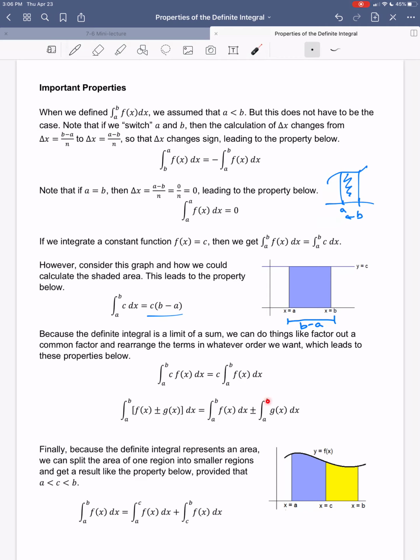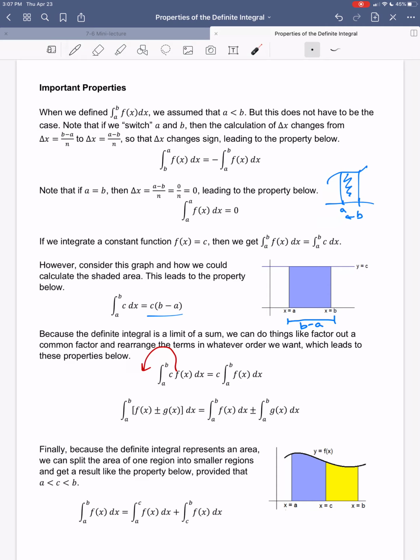So these properties come from that. If I've got a constant times a function, I can just pull the constant out of the integral. It's really like factoring it out of the sum. Also, if I'm integrating the sum or difference of two functions, I can just take those integrals separately. One important note, this doesn't work if I'm multiplying or dividing functions, only if I'm adding or subtracting.